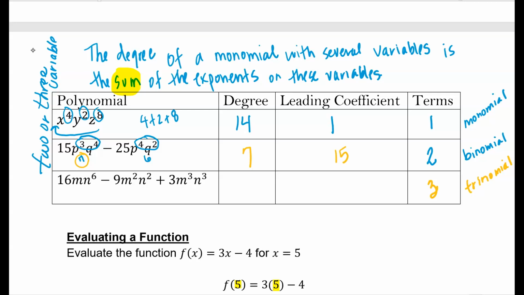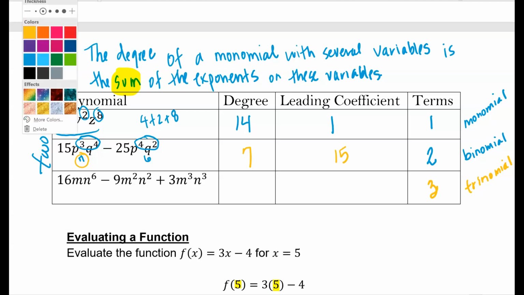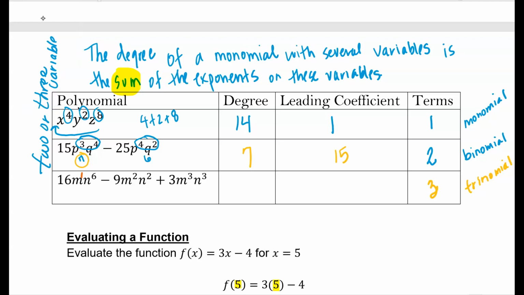So here, what most people would do is they would skip the fact that m is there and that m has an exponent of 1. So that sum would be 7, then we have 4, and then we have 6. So 7 is the degree of this last polynomial here. And what coefficient is associated with that term? It is 16.